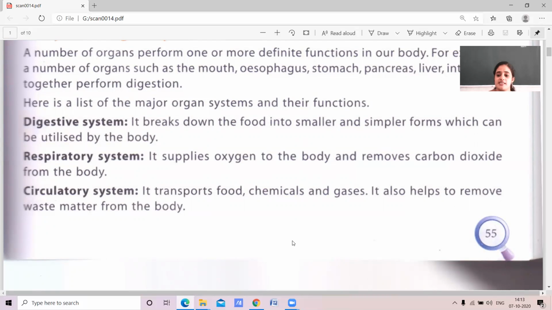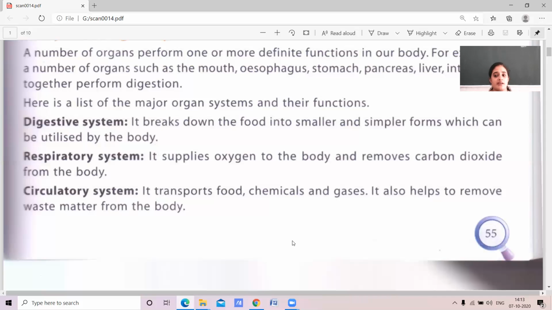Come to the third system. Yes, it is transportation. What does it transport? It transports food, chemicals, gases. It also helps to remove waste material from the body. In our body, some materials should be transported. Like food: whatever we eat, the nutrients present in the food are transported to all parts of the body.